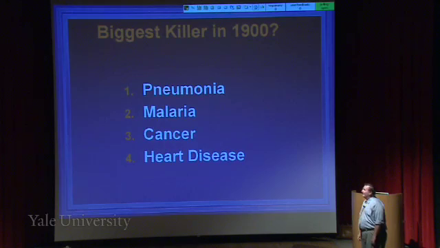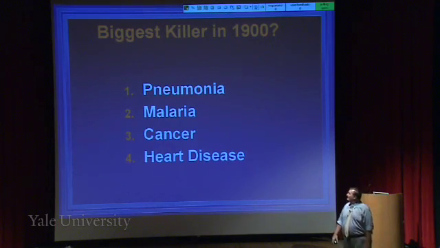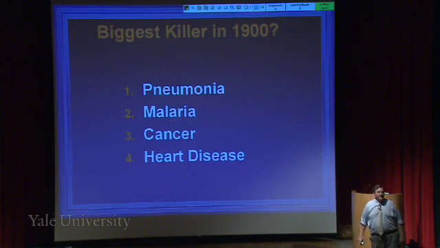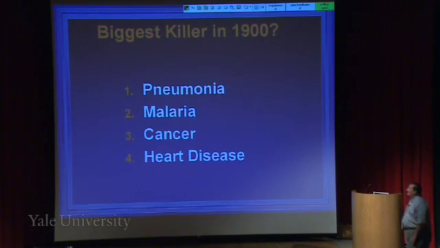I'd like to ask you what the biggest killer was in 1900. Which of these things took the most lives in the United States? Pneumonia, malaria, cancer, or heart disease? With your little clicker, you can press 1, 2, 3, or 4, depending on which one you believe is the case. And let's see if it registers.